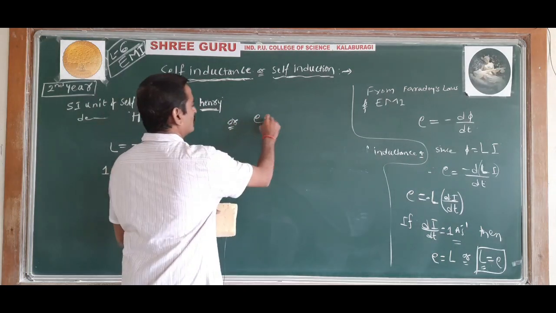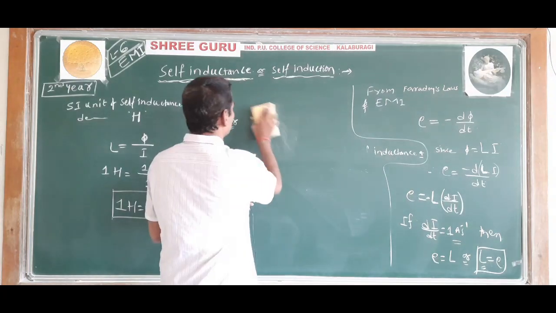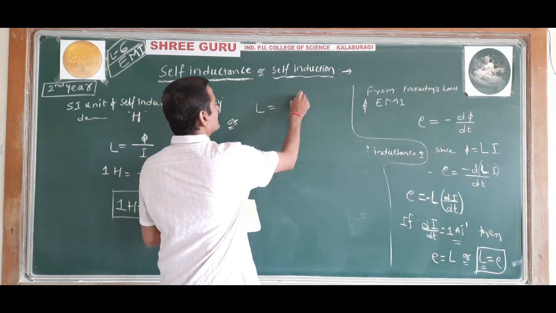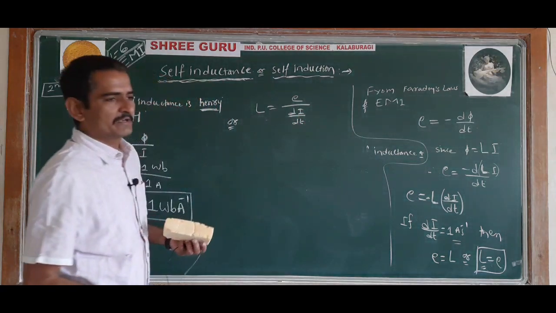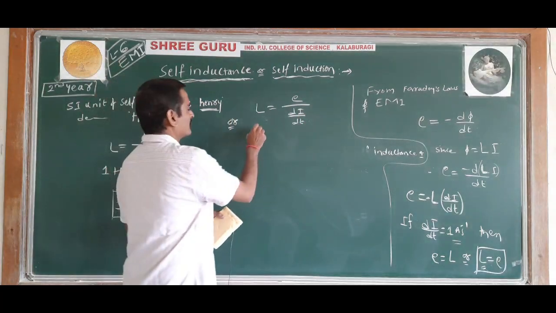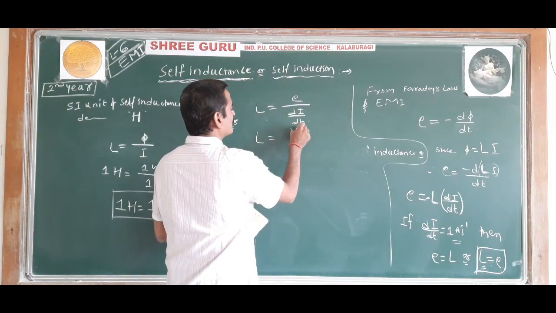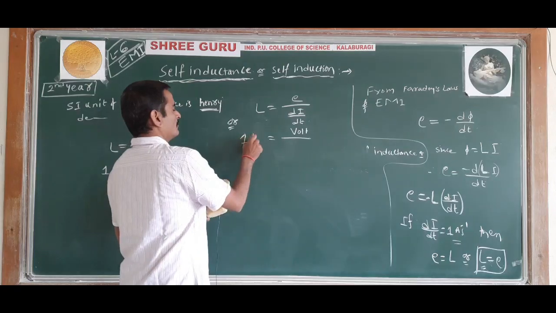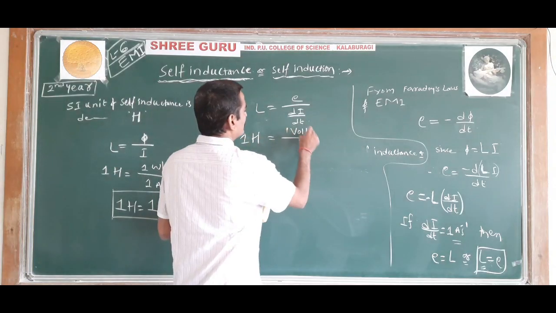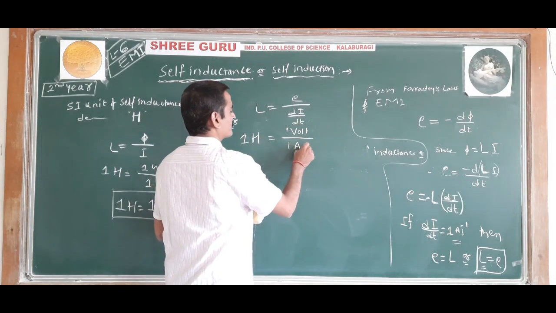Or L is equal to E divided by di by dt. E is in volt. So that is 1 Henry equals 1 volt divided by di by dt, that is 1 ampere per second.